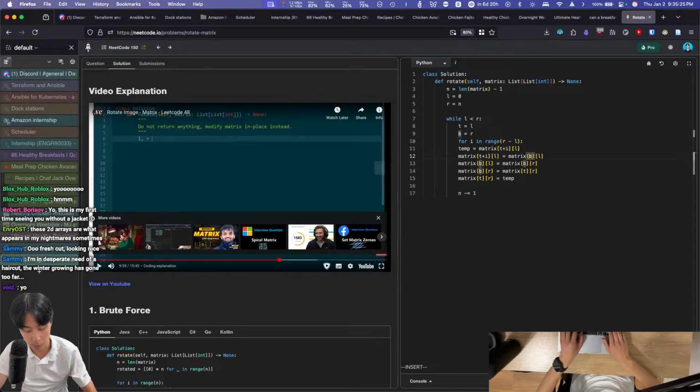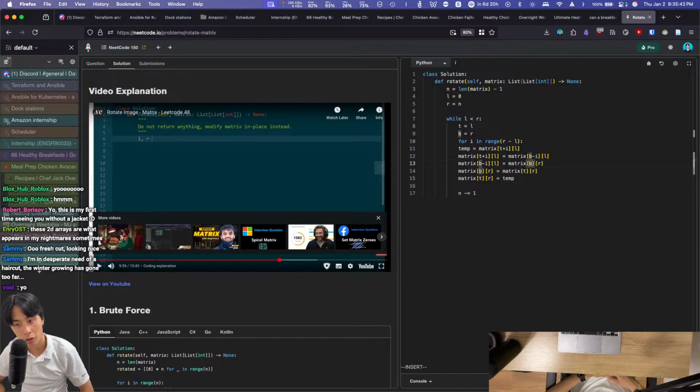Bottom has to be minus i. And then bottom minus i, L. Bottom right. Right is going to be minus i.